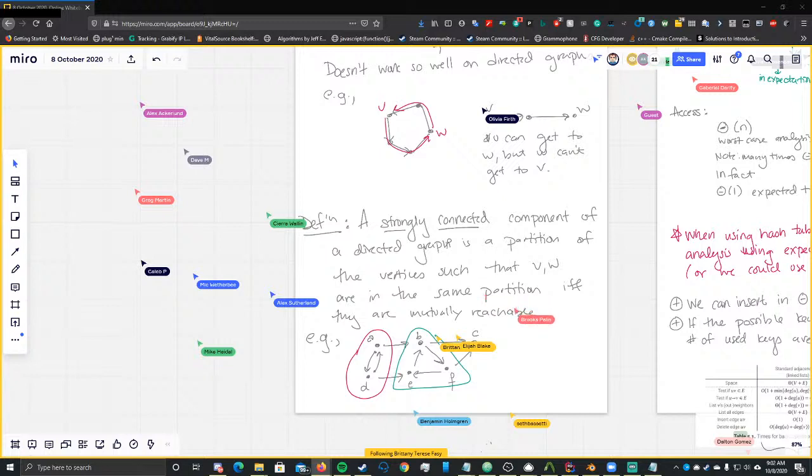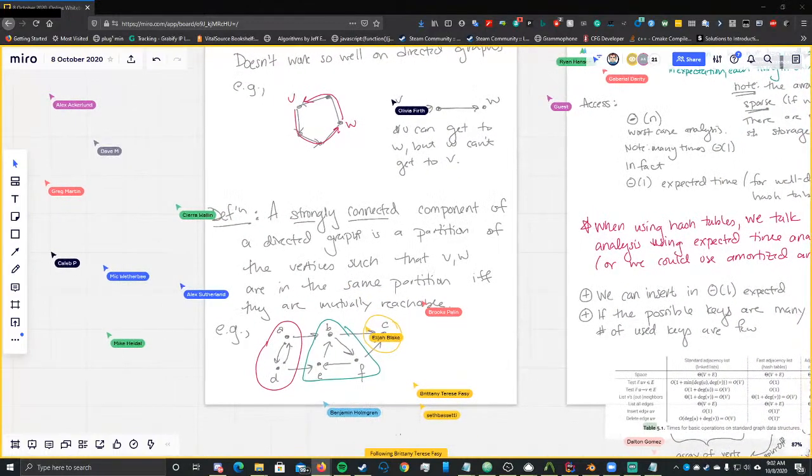Yeah, and then we notice that any edge coming into it, from A and D, there's no way to get to A or D, and any edge going out of it, we can't get back if we go out. Okay, and then the last strongly connected component is the C.